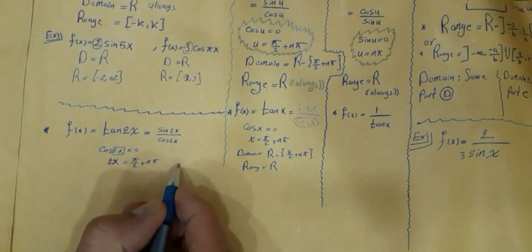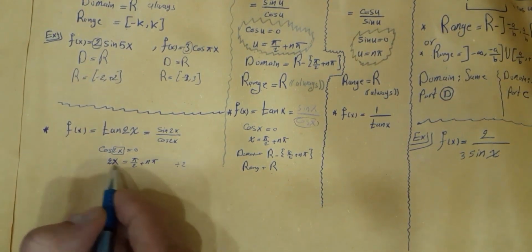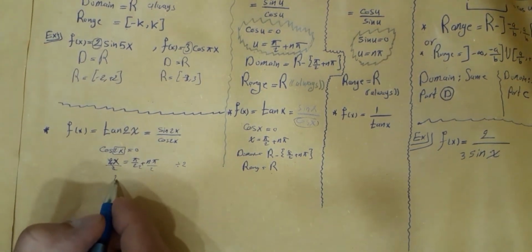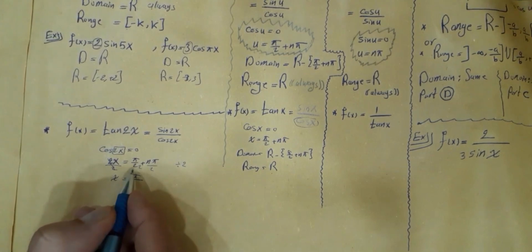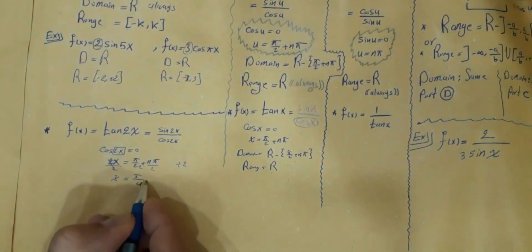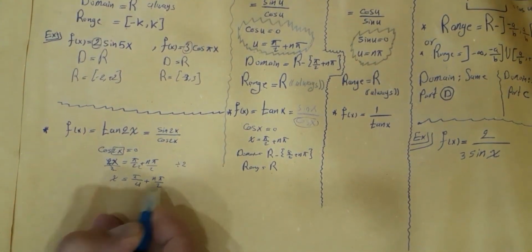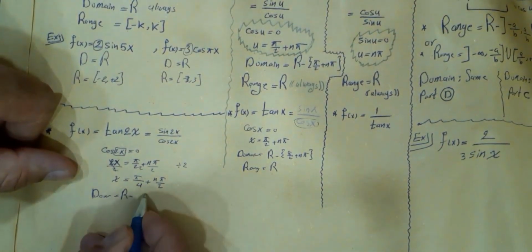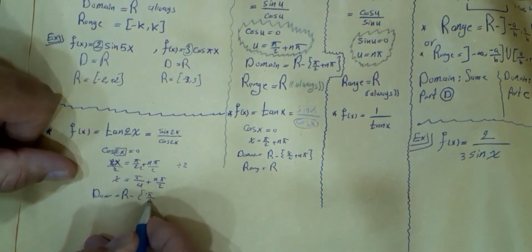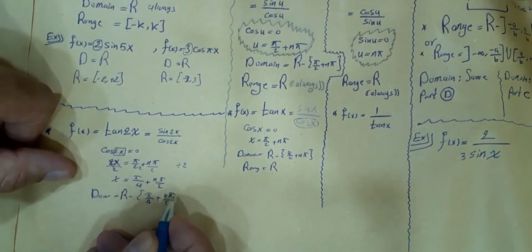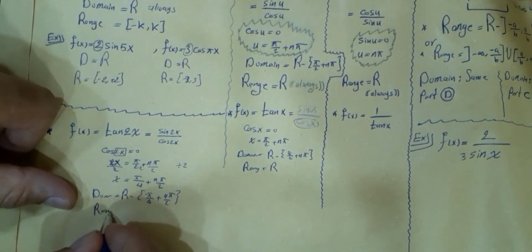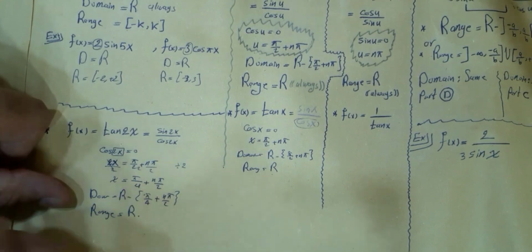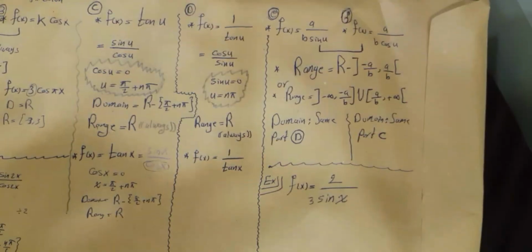For finding x, divide both sides by 2. x equals pi divided by 2 times 2, equal to 4, plus n pi over 2. So domain equals all real numbers except pi over 4 plus n pi over 2, and the range for this function is always all real numbers.